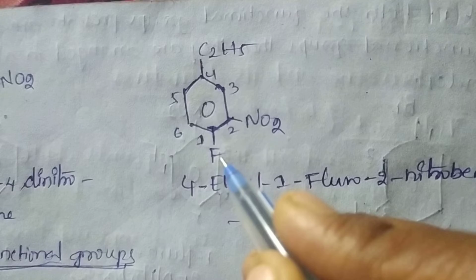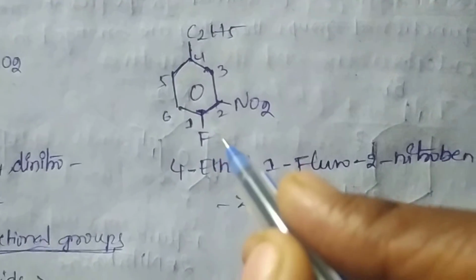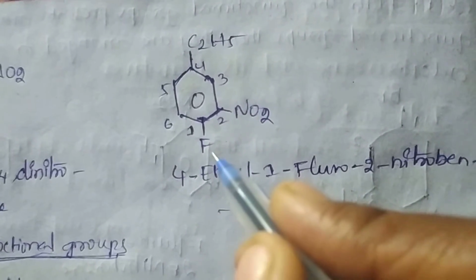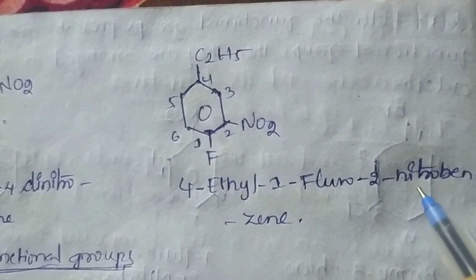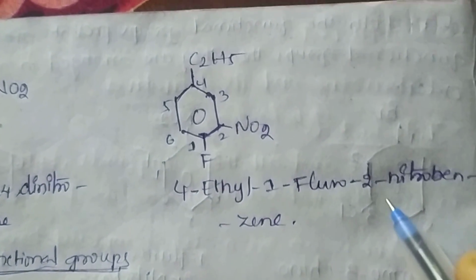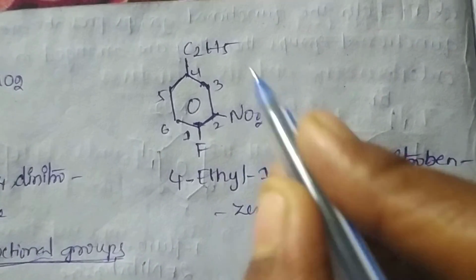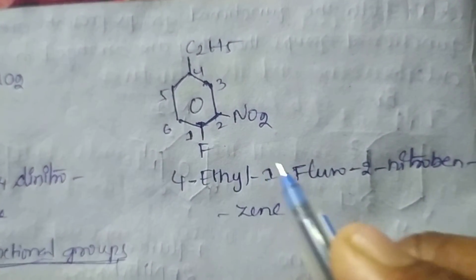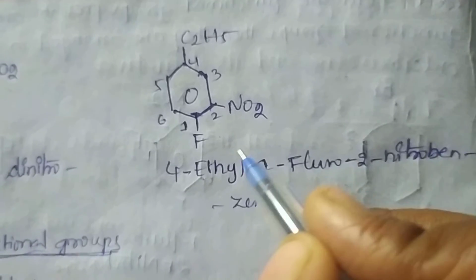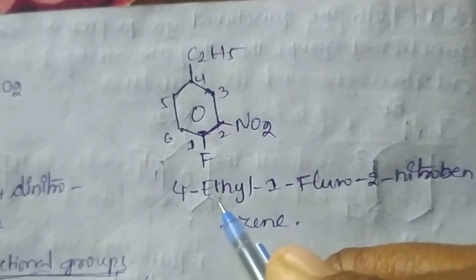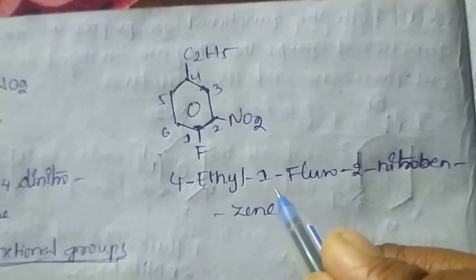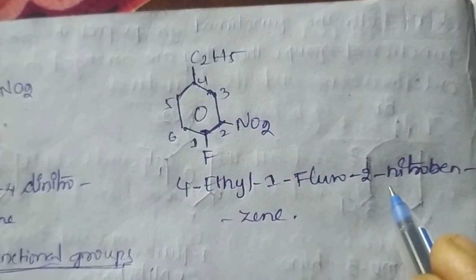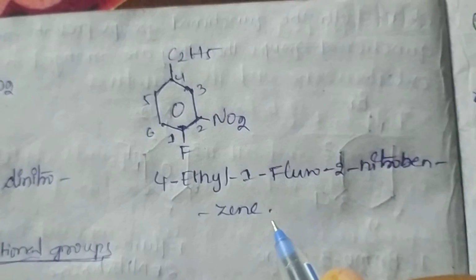Fluorine is the most electronegative atom and it gets the first number. We should give the first numbering, but write in alphabetical order. Here the condition is give the numbering lowest, but write in alphabetical order. So the ethyl group comes first, no? So 4-ethyl-1-fluoro-2-nitrobenzene.